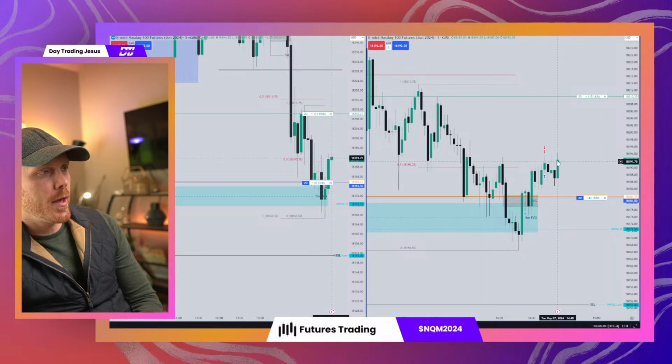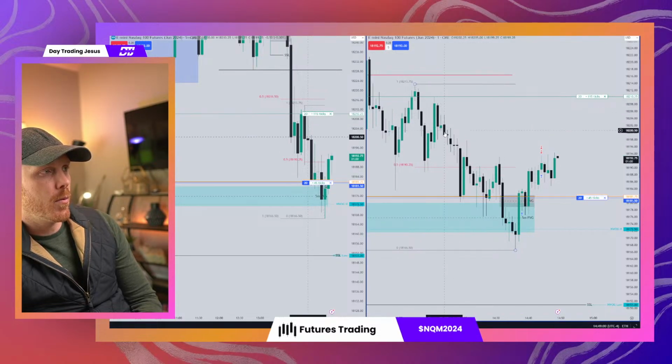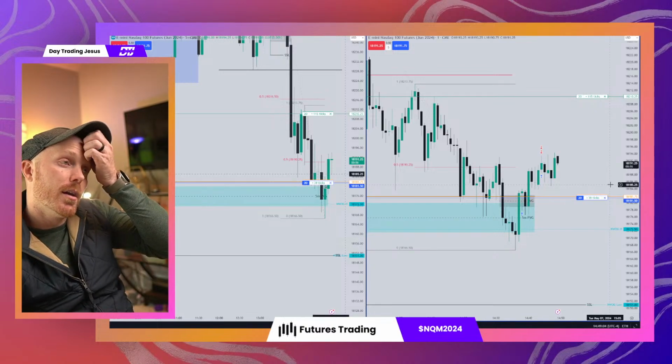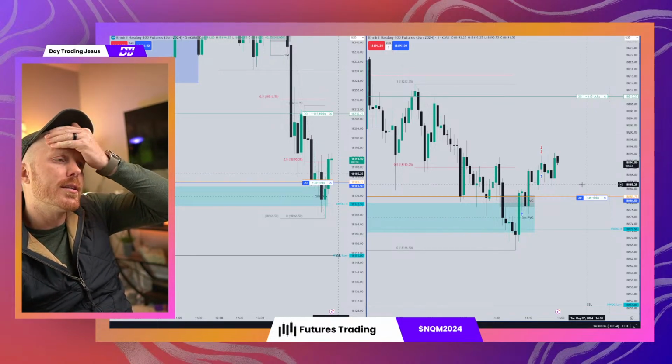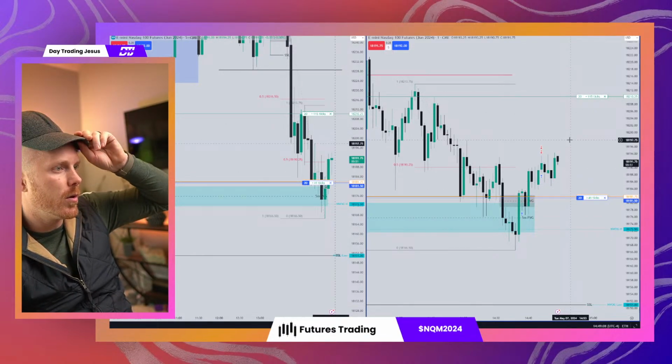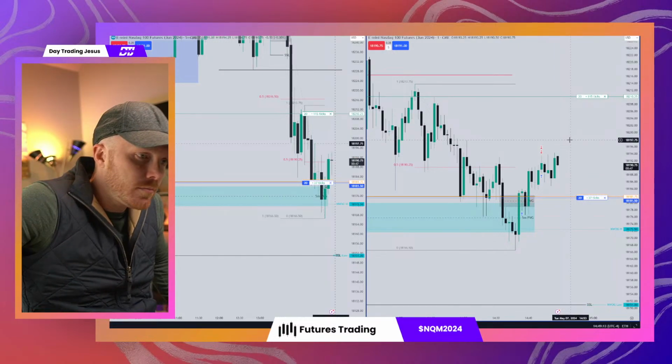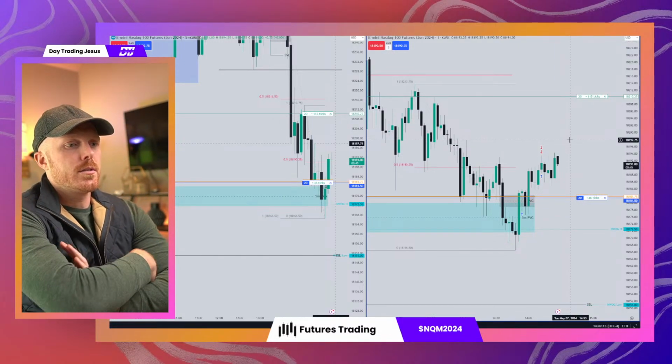That's going to do two things. It's going to entice buyers to get in thinking that it's going to go long, and any stops sitting above these swing highs for people that were going short are going to be ran. So there's incentive for price to shoot up higher really quickly. It doesn't mean it has to, but it could.